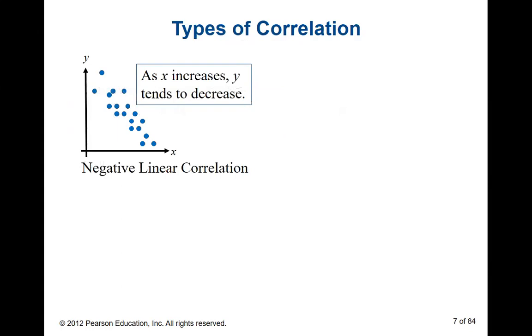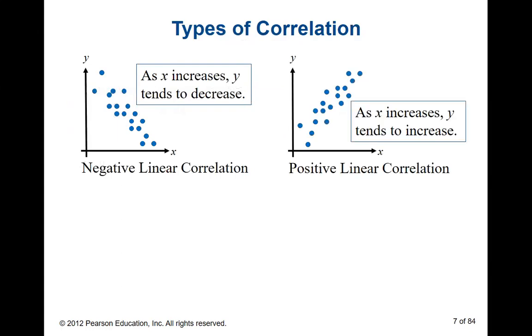Down. As I move from left to right, it's decreasing. That means that if it had a slope, I would have what kind of slope, positive or negative? Negative. So that's why it's a negative linear correlation. I bet you can tell me why this is positive. Because if I were describing the slope, it would be increasing, so it's going up.